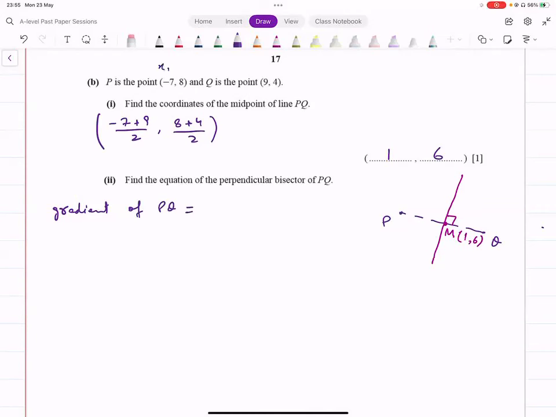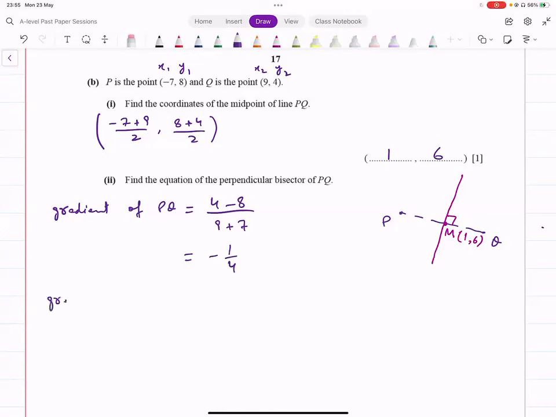Let's call this x1, y1. This is x2, y2. y2 minus y1 over x2 minus x1. So that's 4 minus 8 over 9 minus minus 7, which becomes 9 plus 7. That's minus 4 over 16, which is minus 1 over 4. ये आपके पास PQ का gradient आ गया.